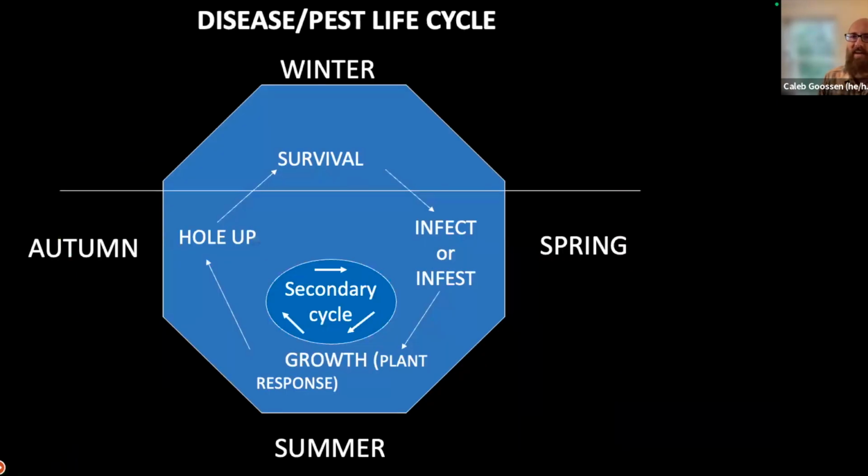When we're talking about our pests, whether they're insects or diseases, it's really important to know their life cycle. We're going to get back to this a couple times. What is the biology of the actual pest that we're talking about?